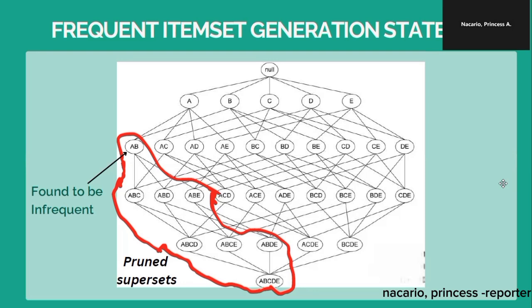Because of that, all of its supersets like ABC, ABCD, up to ABCDE are no longer included in the next steps. The red outline in the diagram highlights these pruned item sets, meaning they were removed based on the Apriori principle. Since we already know that one of their subsets is infrequent, we don't consider them anymore.